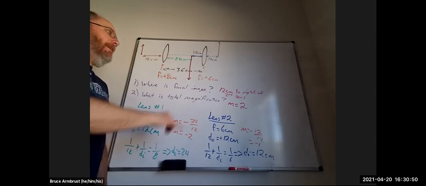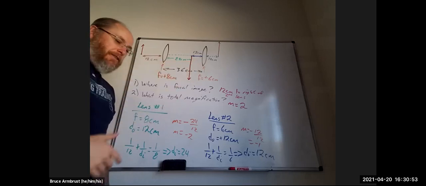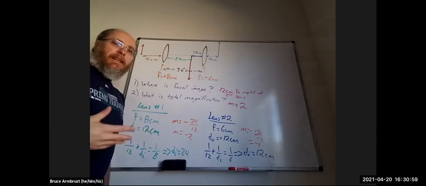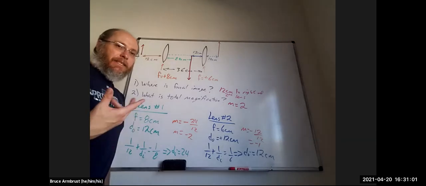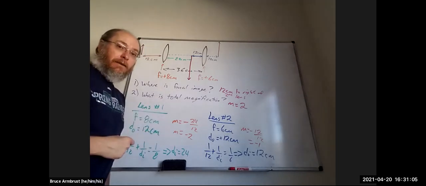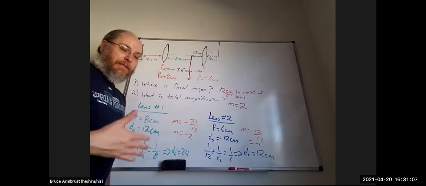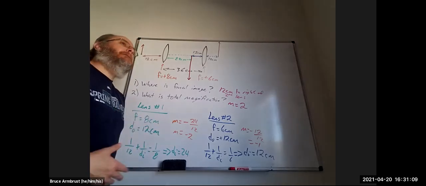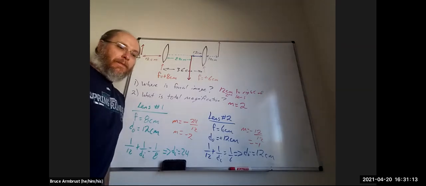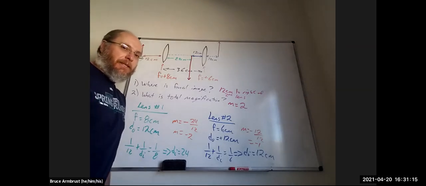And the same thing with a combination of lenses: if you put those lenses a different distance apart, different things are going to happen. So it's not so much that a lens or a series of lenses does a specific thing. It will do a specific thing to a specific object, I should say.